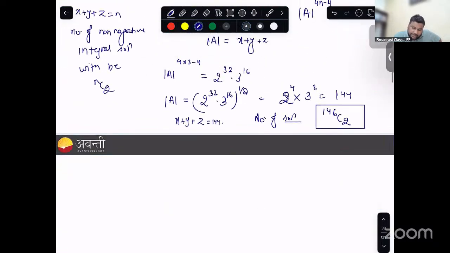Okay, x, y, z are natural numbers, so the answer won't be 146 C2. Say 3 beggars are looking for 144 oranges. Give 1 orange to each. Then 141 plus 2, that is 143 C2 is your answer. How exactly did it come? It's a little difficult for you to remember as of now, because this is mostly related to 11th class PNC.